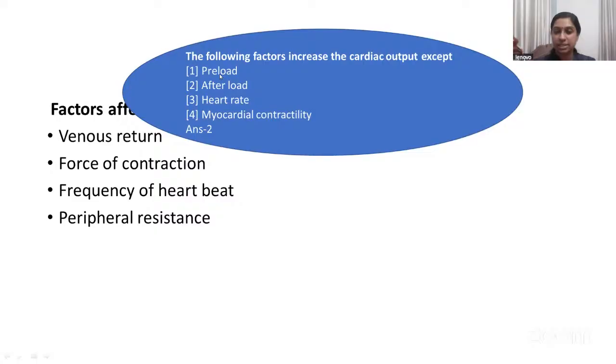Preload means basically the venous return, the blood filled in the ventricles. That's what we call preload, before the cardiac contraction. And afterload occurs in the arterioles, and the heart rate means the pumping action of the heart. And myocardial contractility means the pumping action of the heart.